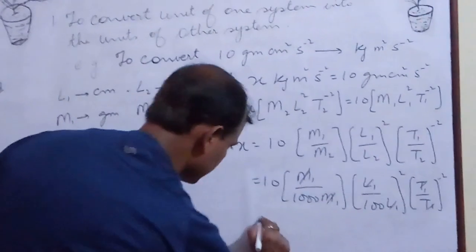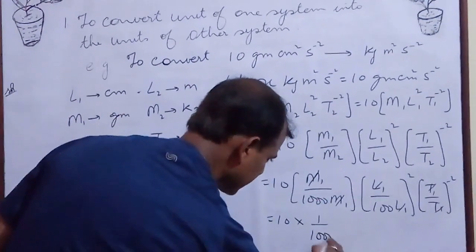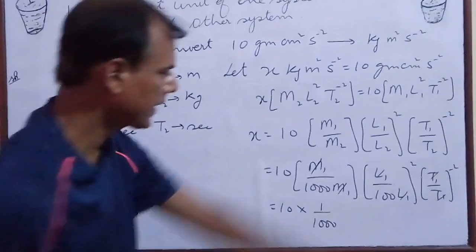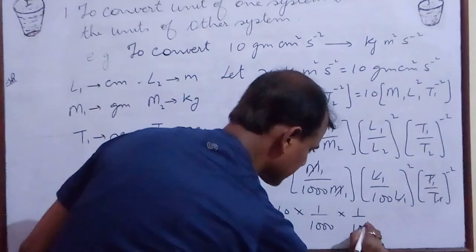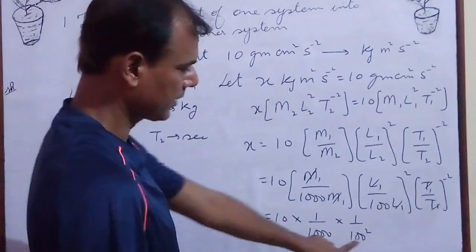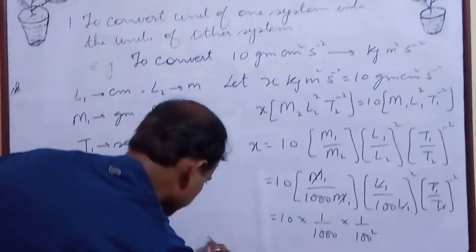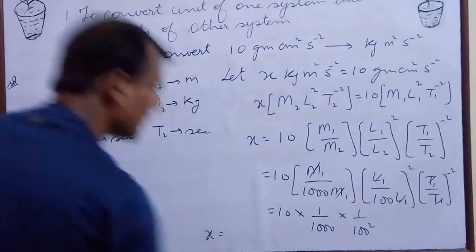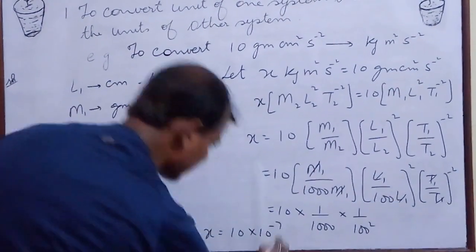We have got 10 into 1 upon 1000, and this is square, so this is 1 upon 100 square. So this is how much? 10 to the power 3 and 10 to the power 4, so x is equal to 10 into 10 to the power minus 7.